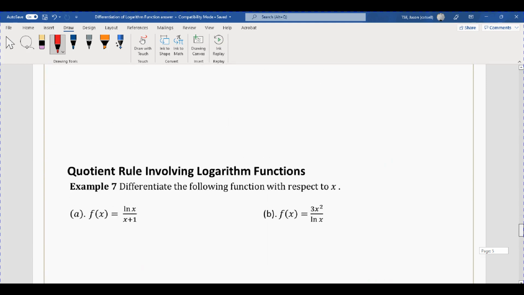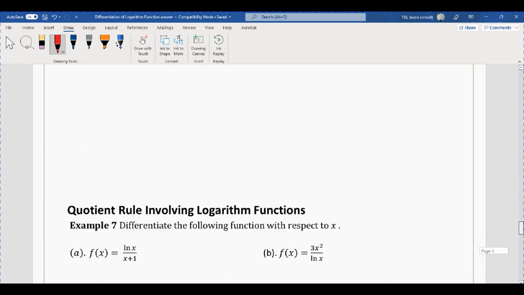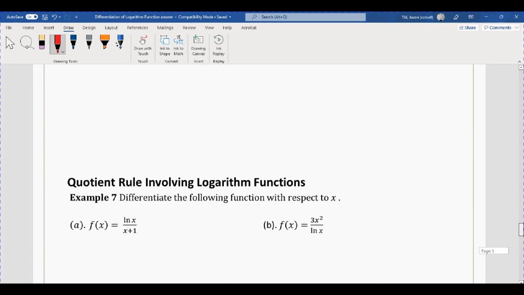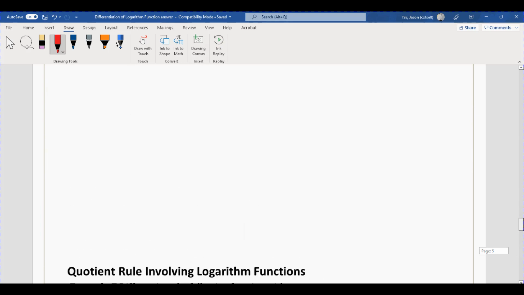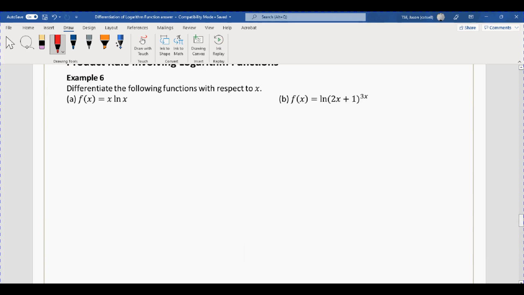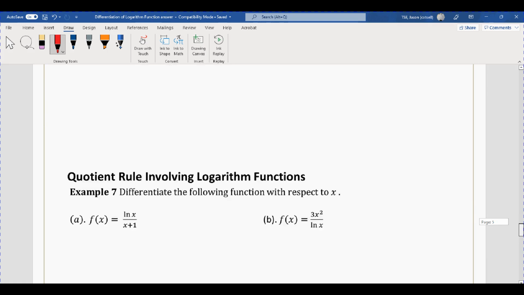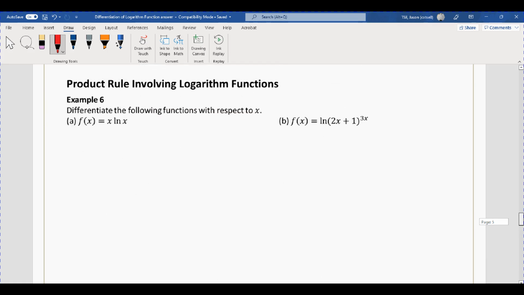If you still struggle with the product rule and quotient rule, you really need to go back and revise the product rule and quotient rule examples we did. I hope you are already okay with the product rule and the quotient rule, right?